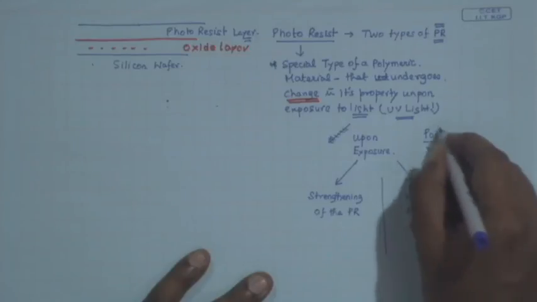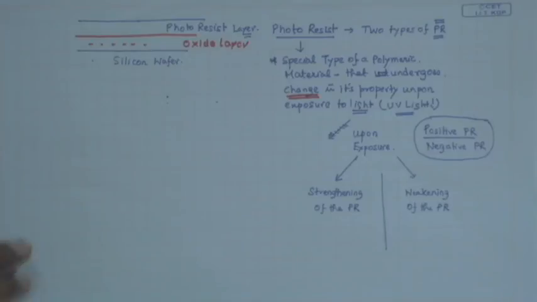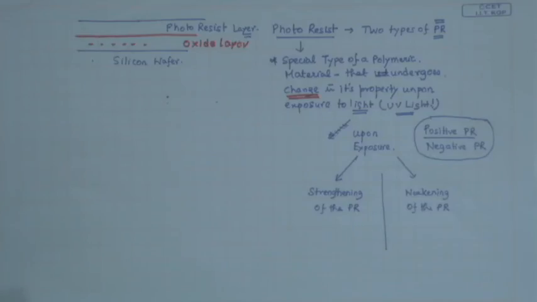I am not trying to map whether in a positive photoresist strengthening takes place or weakening takes place, because we will learn it in a slightly different way, and therefore you do not have to really mug it up.